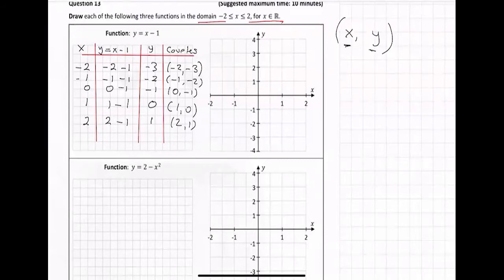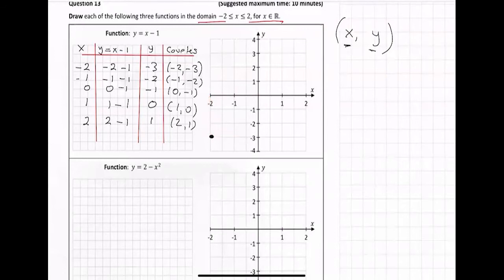So -2, -3. So this first one here. So across to -2 and down to -3. Okay, and that's how I end up here. So it's kind of its location on a map. Okay, so I'm at -2 on the x and I'm at -3 on the y.